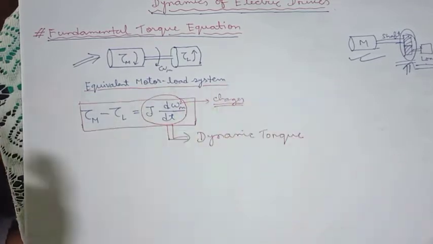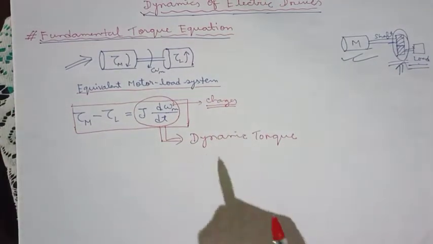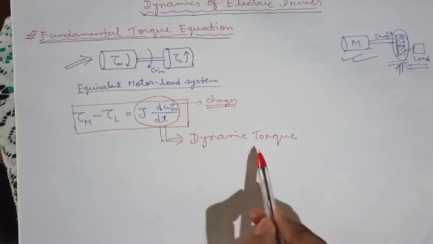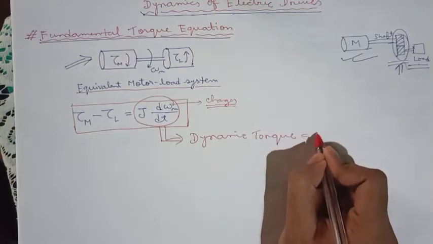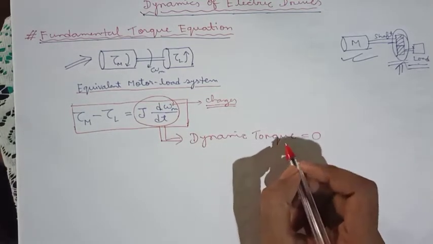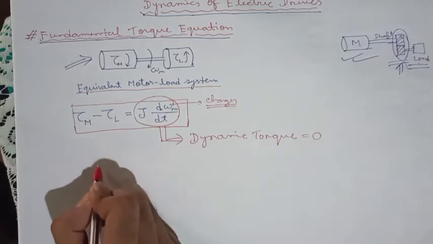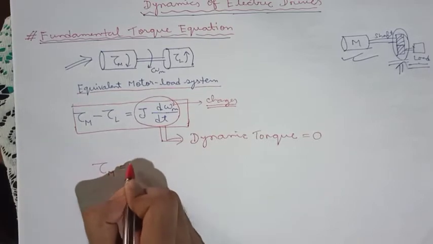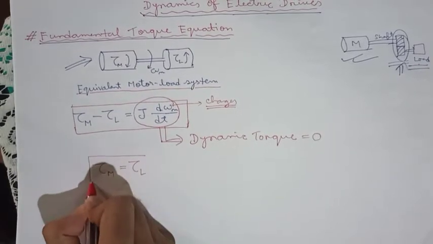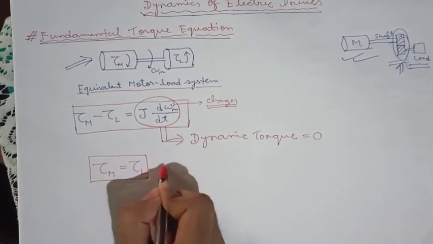During steady state operation, this dynamic torque will be 0. Steady state operation means the speed of the drive is constant. In that case, the motor torque will completely balance the load torque. This is the condition for steady state.